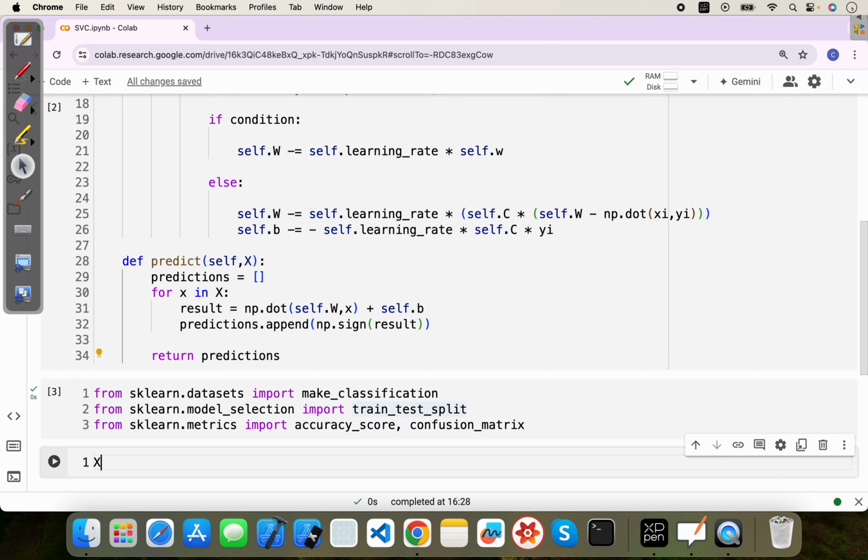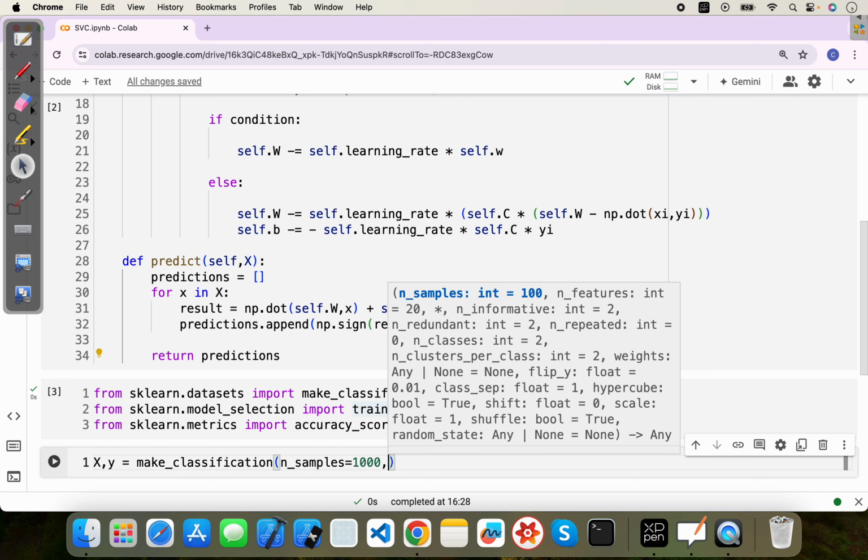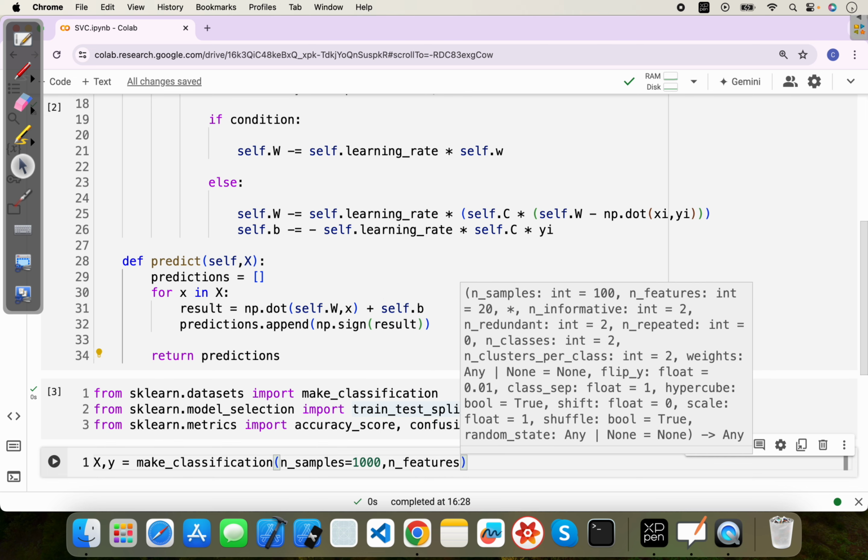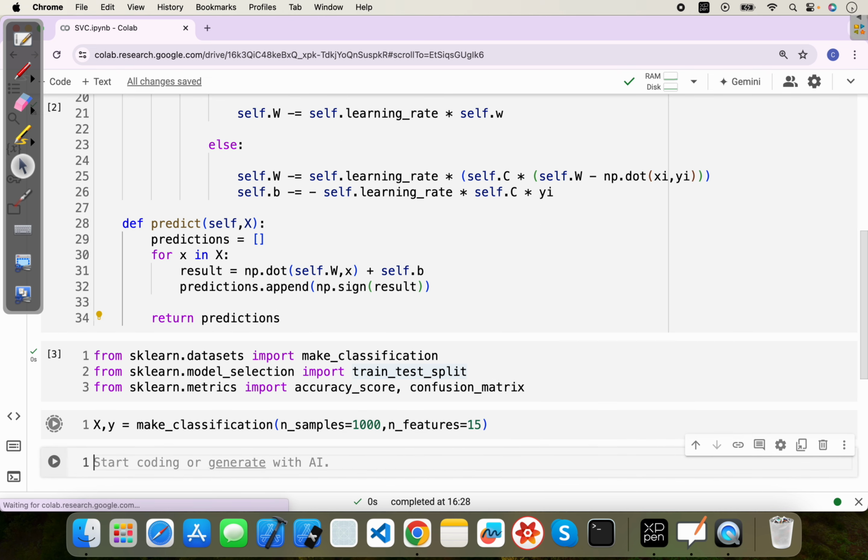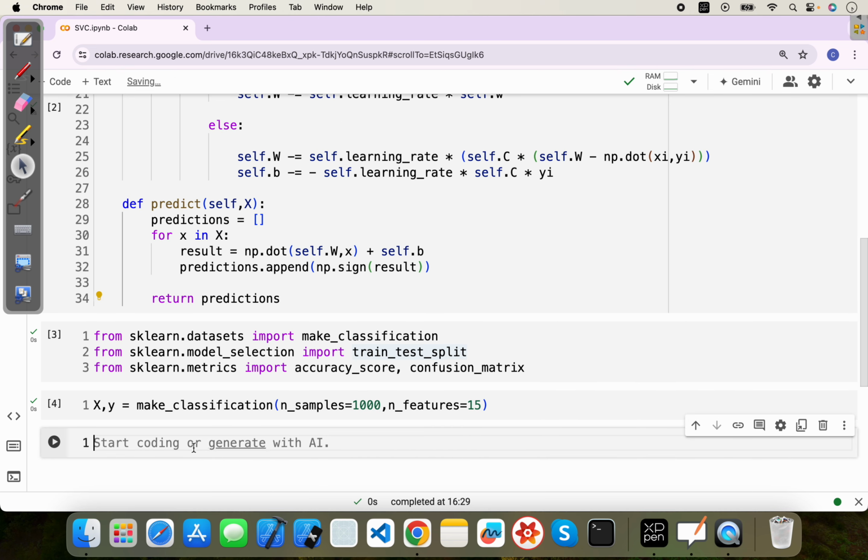Let's find X and y is equal to make_classification. Let's say n_samples is equal to 1000 samples, right? And let's say n_features equal to 15 features. Okay, so we now get X and y.